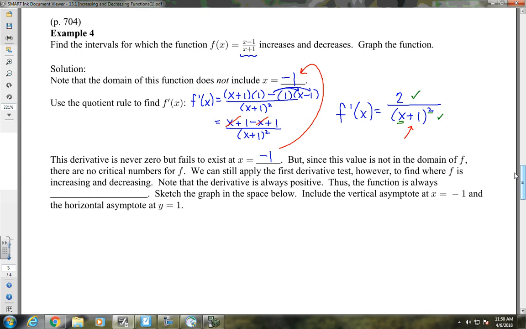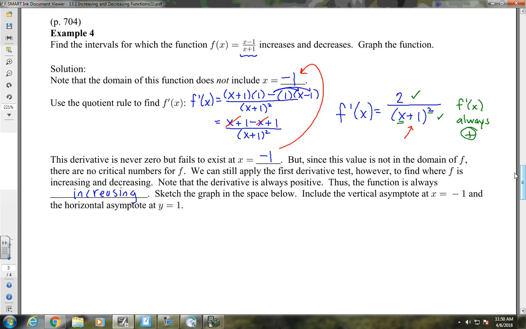So no matter what x is, no matter if we're on the left or the right of -1, my derivative is always positive. That means it's always increasing. Since the derivative is always positive, thus the function is always increasing.